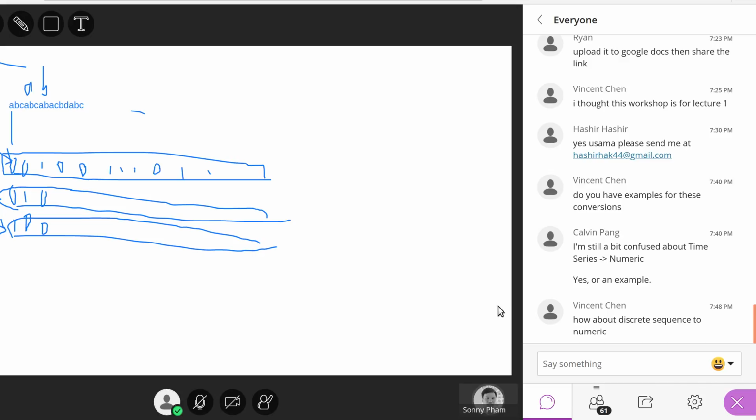For example, you apply a window and perform the transform, and the first result is this, the second is this, and the last is this. You put them together in a giant vector like this, and this is the numeric representation of this time series.